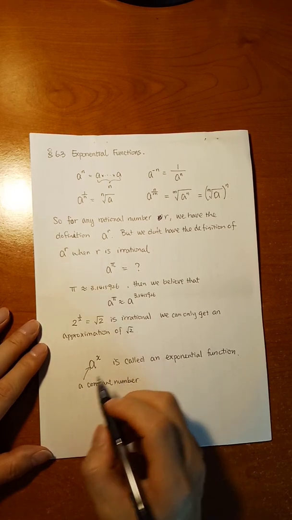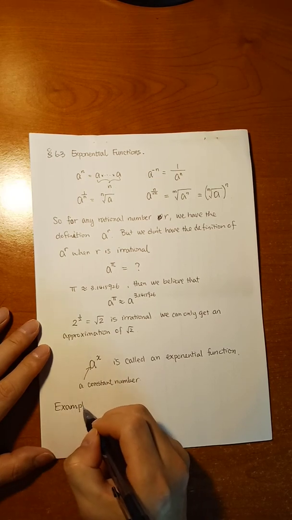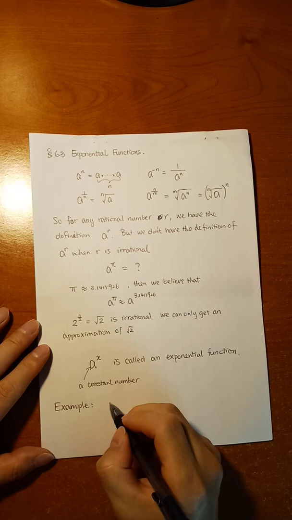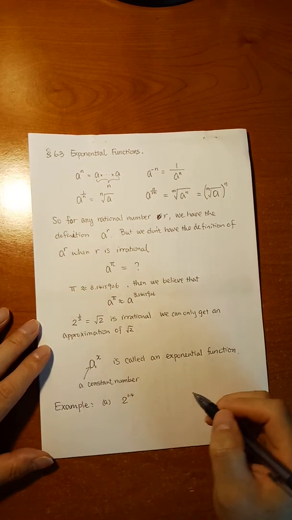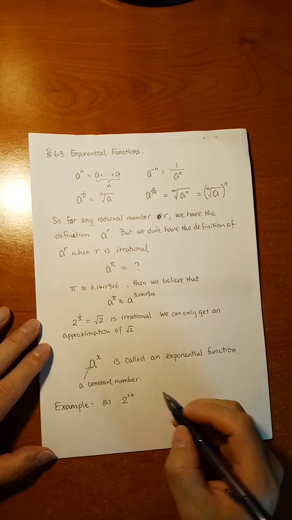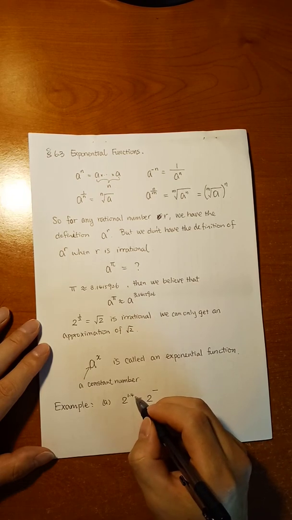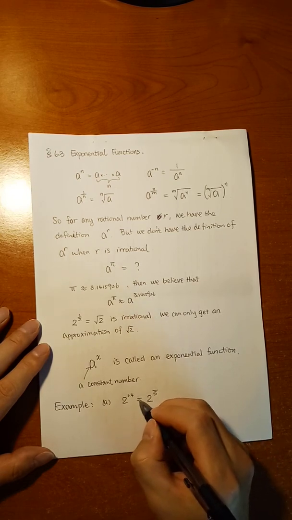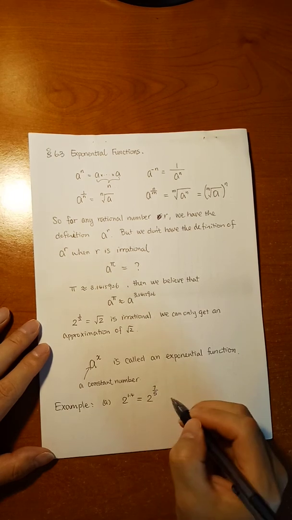In the textbook, they give you a list of practice. They ask you to use a calculator to compute 2 to 1.4. What is 2 to 1.4? In symbols, it's the following. 1.4 is 7 over 5.